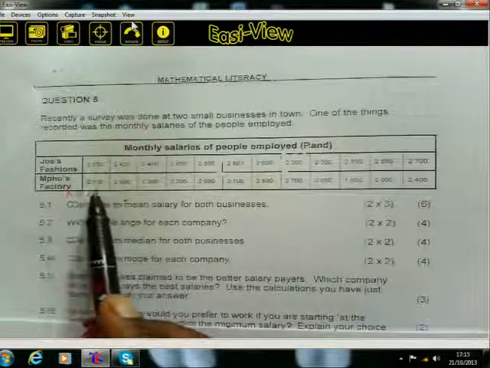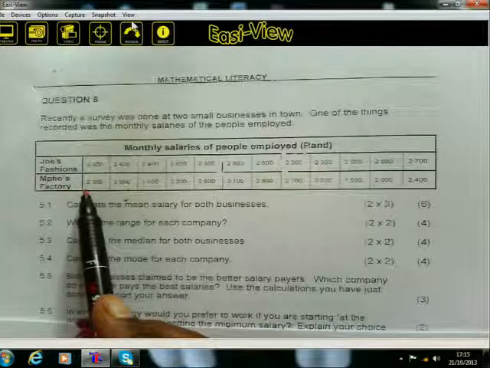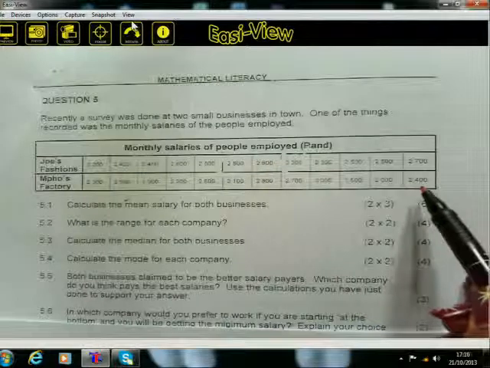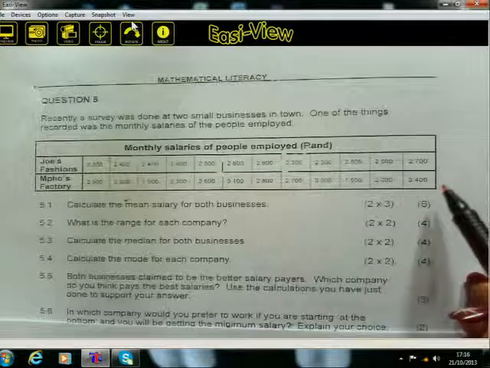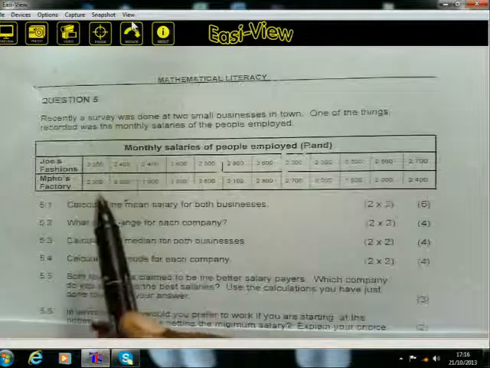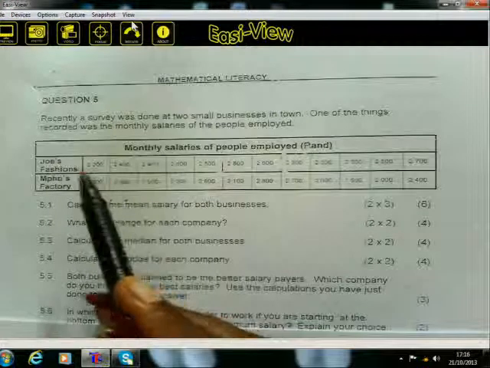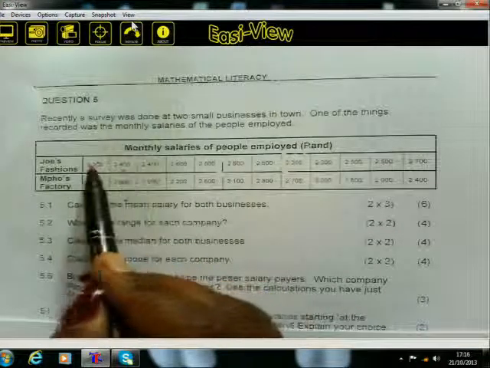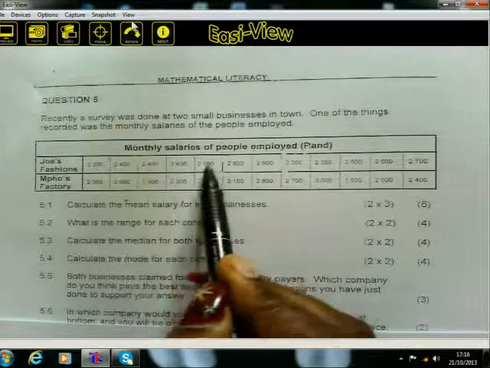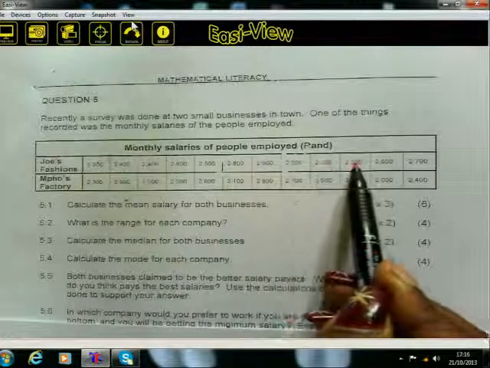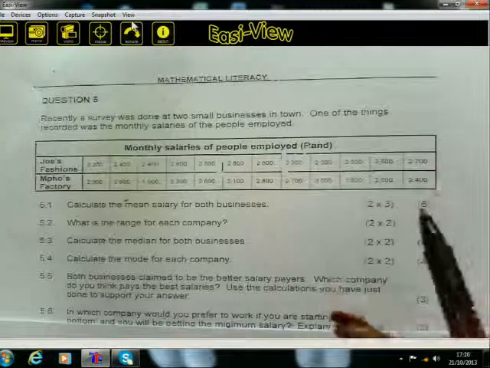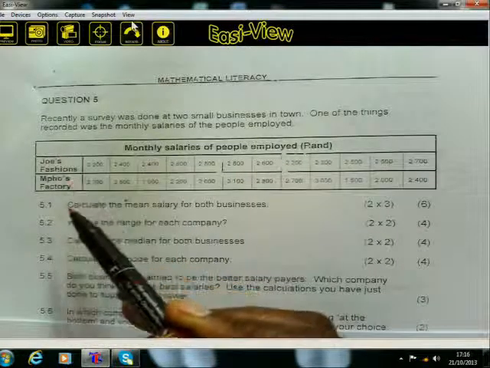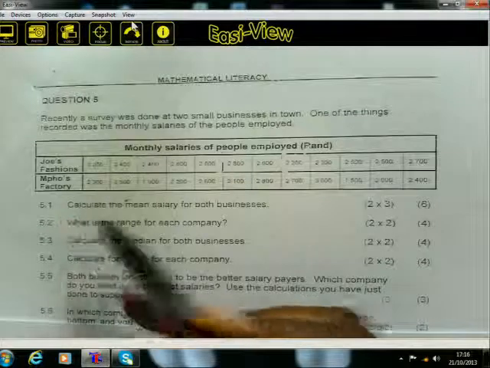For Mpo's it is from 2,300, then ends up there. You can see that data 2,400. So first of all, let us quickly count how many monthly salaries are there. 1, 2, 3, 4, 5, 6, 7, 8, 9, 10, 11, 12. Joe's and Mpo's each have 12 monthly salaries.